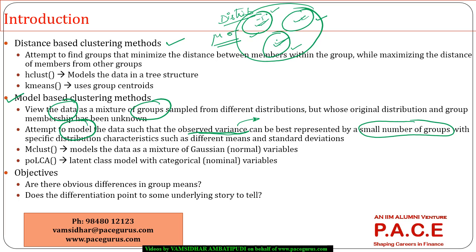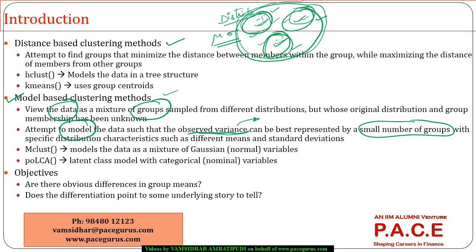The groups have different means, different standard deviations and different statistical properties. But the overall variance of the data I want to capture in terms of the variances of a small set of groups, and this is what we call the model based clustering method.